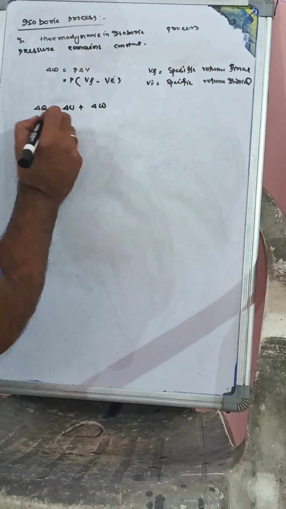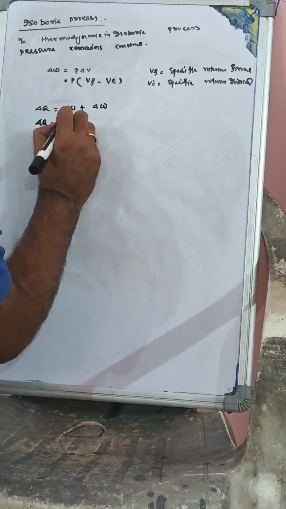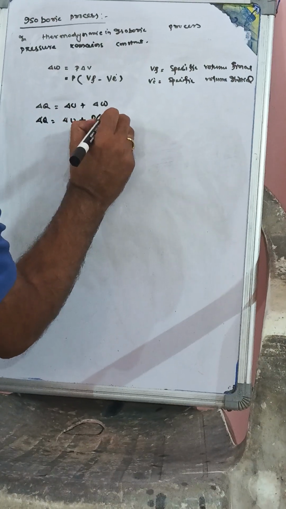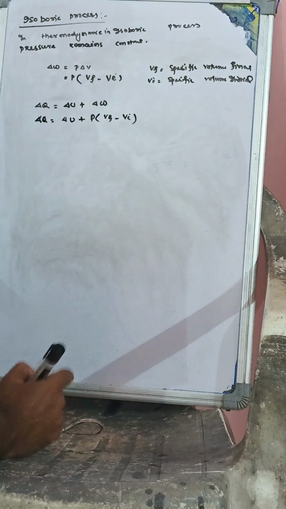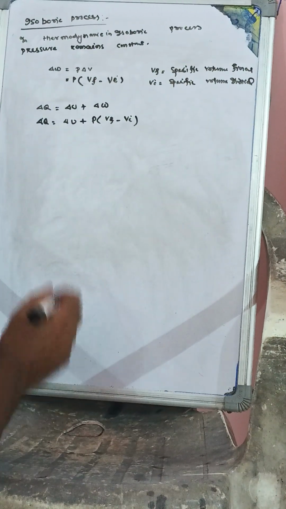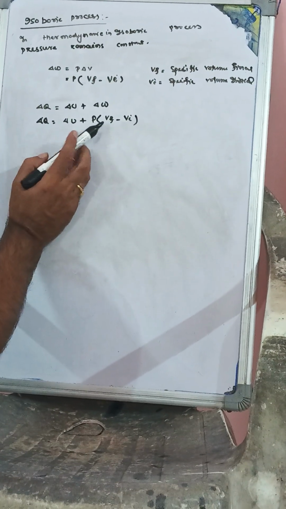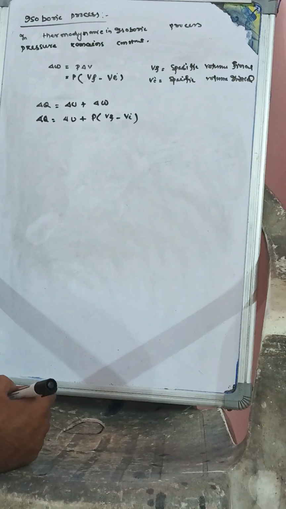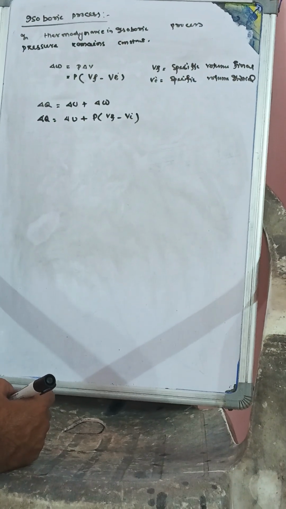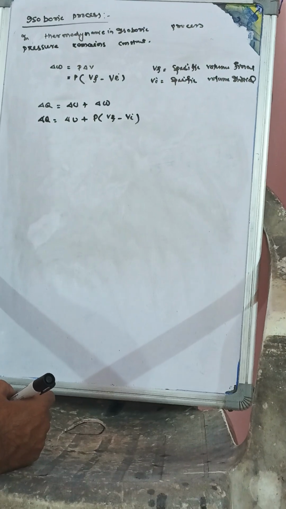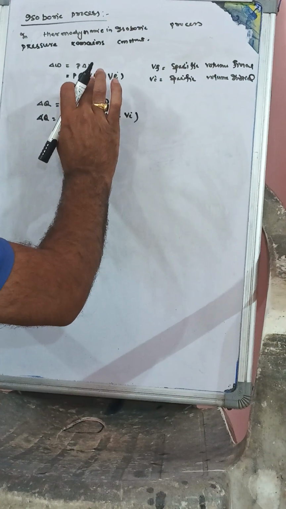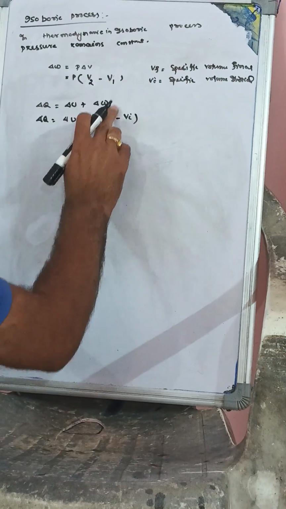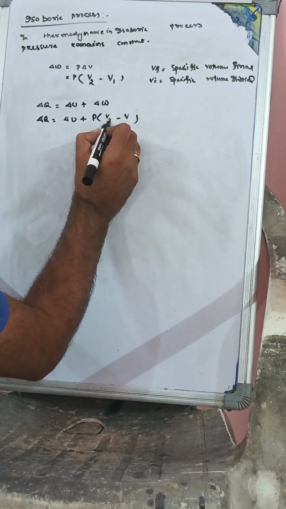So del Q is equal to del U plus P into final volume minus initial volume.